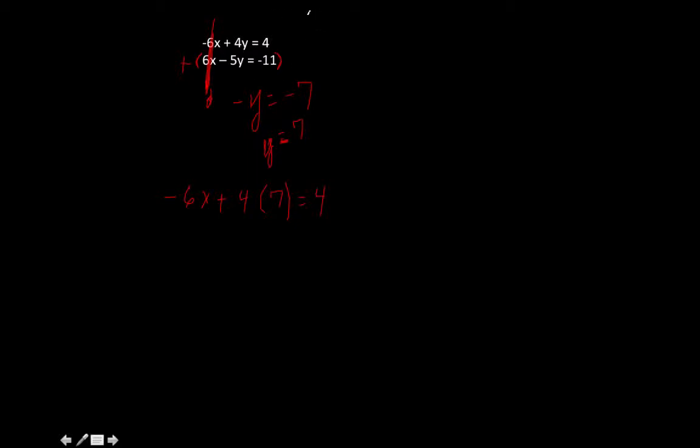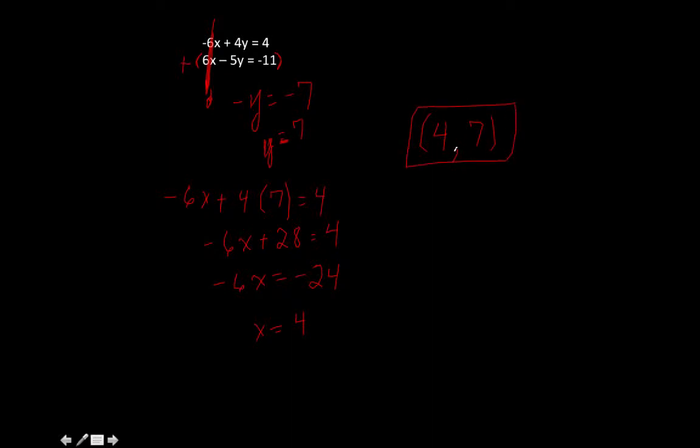It doesn't matter, so I'm just plugging into the top. So minus 6x plus 28 equals 4. Subtracting 28, minus 6x equals negative 24. So x is 4. So the way you write the answer is 4, 7, the ordered pair.